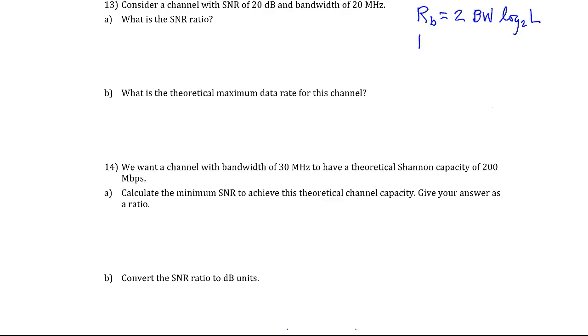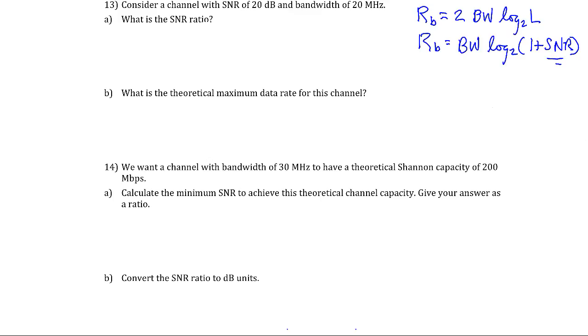And the second one is the Shannon equation, which says that the maximum bit rate, RB, is the bandwidth times the log base 2 of 1 plus the SNR, where the SNR is given as a ratio. Okay, so those are the equations for channel capacity.